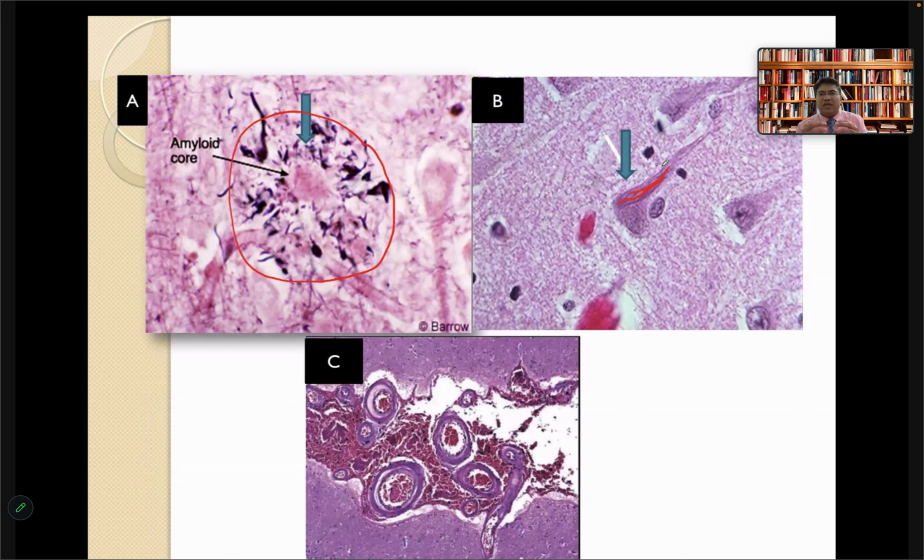So these are called neurofibrillary tangles. And in C, you see thickening of cerebral blood vessels, and this thickening is because of deposition of amyloid. So this pathology is called cerebral amyloid angiopathy. So these are the 3 lesions: neuritic plaque, neurofibrillary tangles, and cerebral amyloid angiopathy.